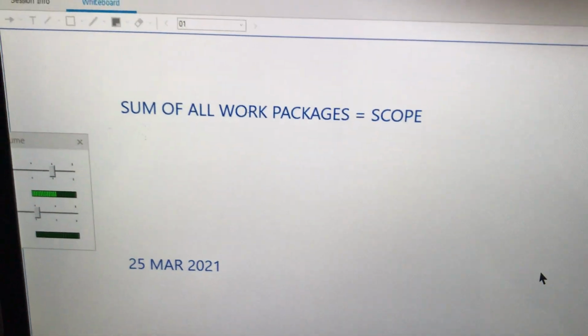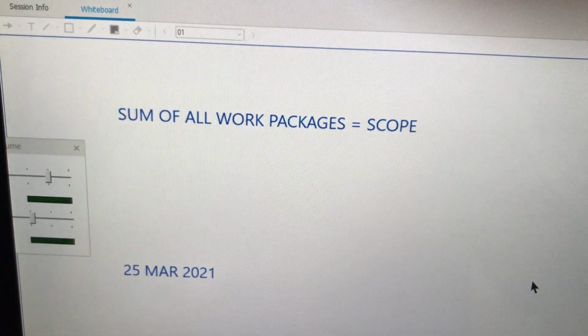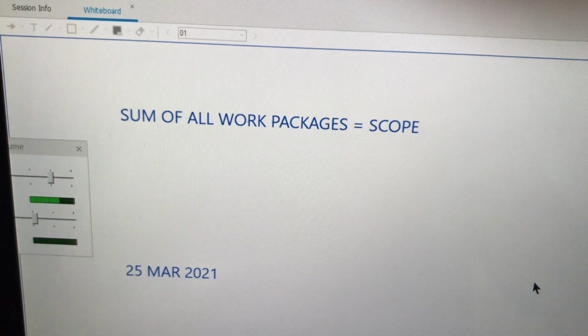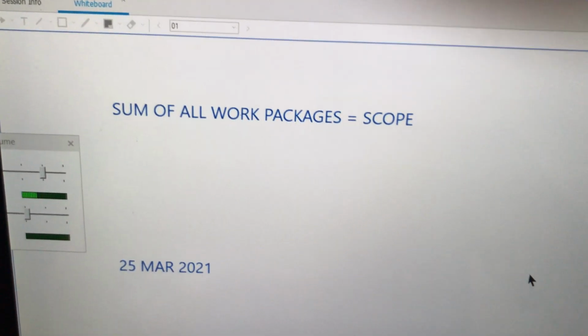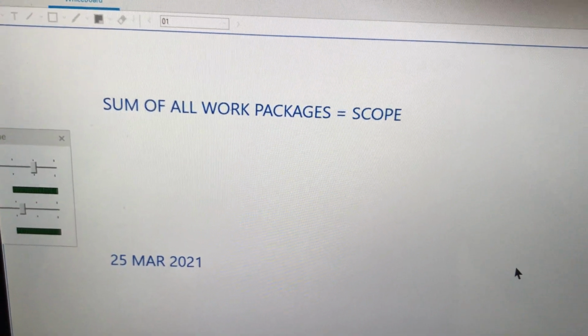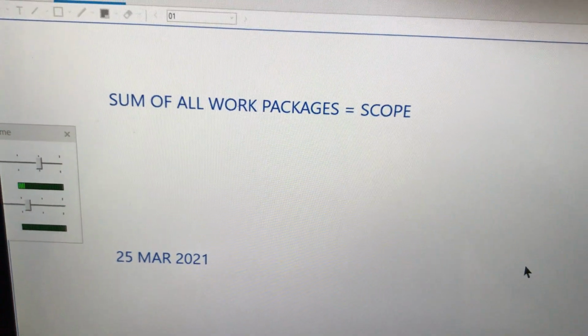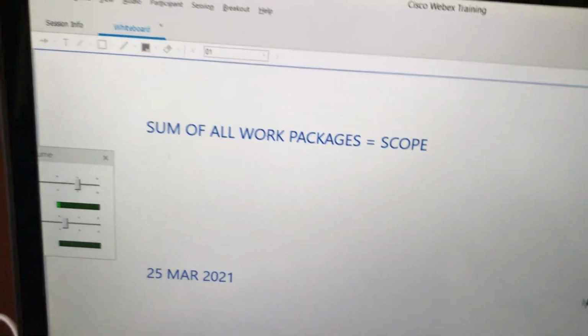The starting point, level 0 or WBS identifier 1, is the one and only scope, and it will sum up the entire scope, which is equal to the product that you will deliver. Got it, sir. Thanks.